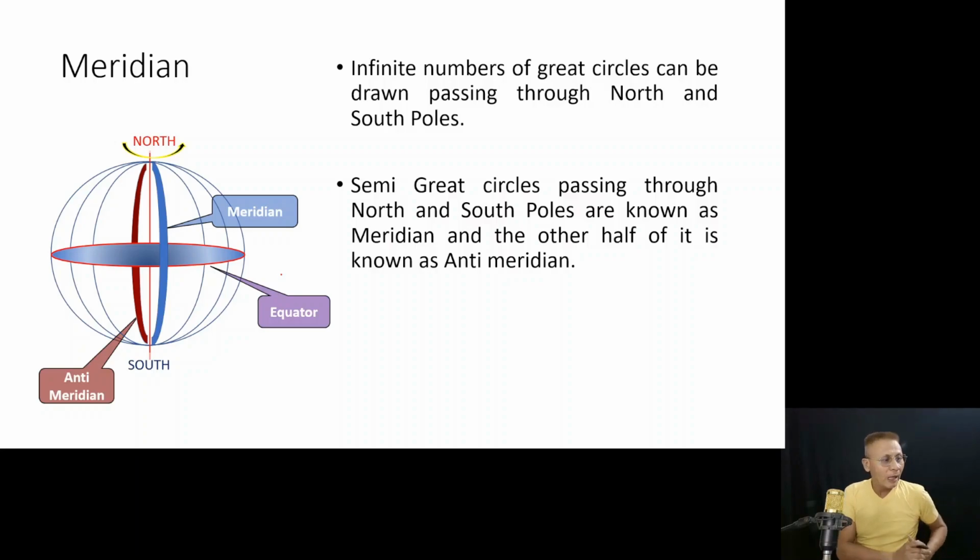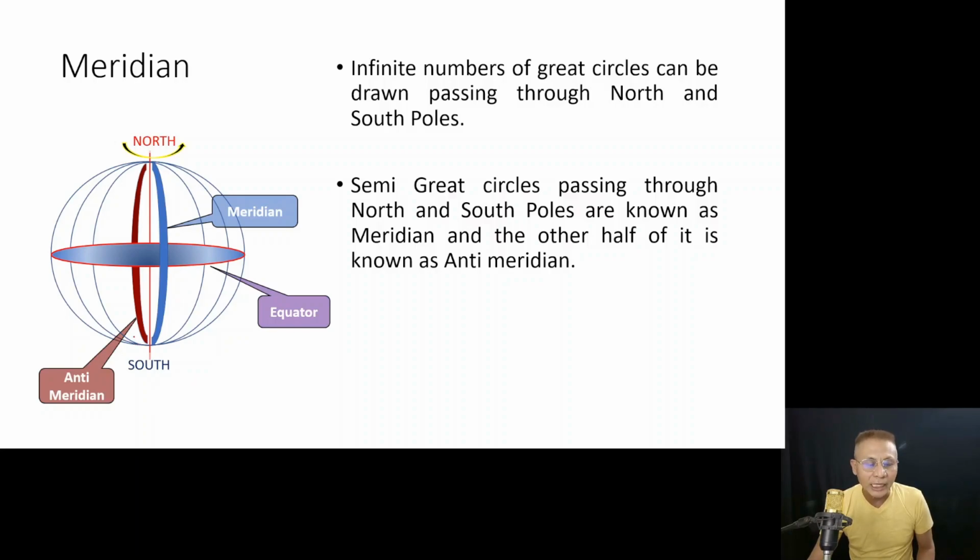When we talk about the meridian, it is nothing but a semi-great circle passing through the north and the south poles. If I draw a great circle passing through the north and the south pole, one I can draw, another one I can draw, follow me on the diagram here on the screen, a third I can draw.